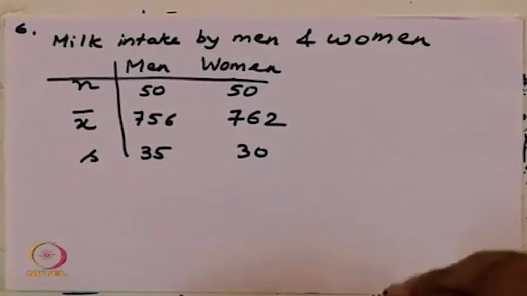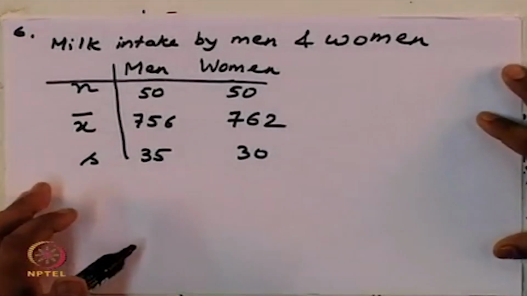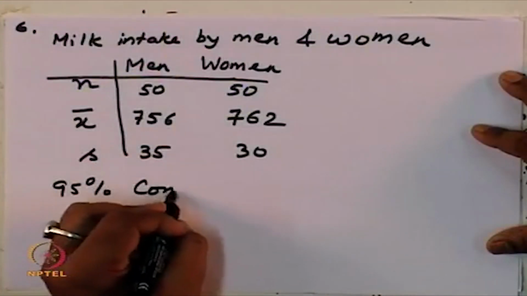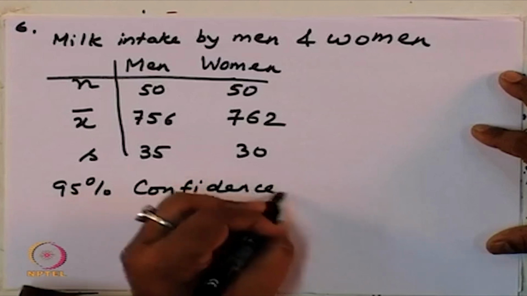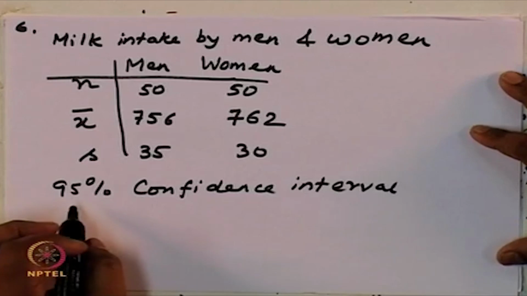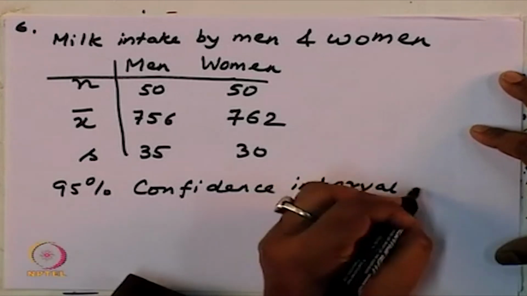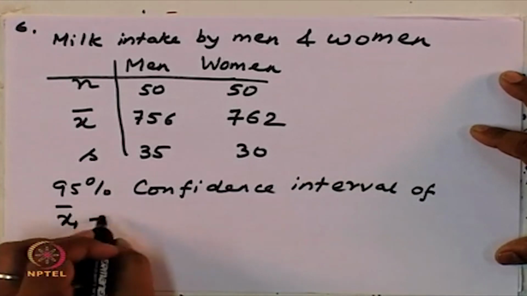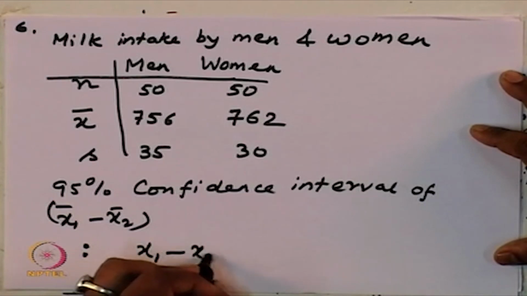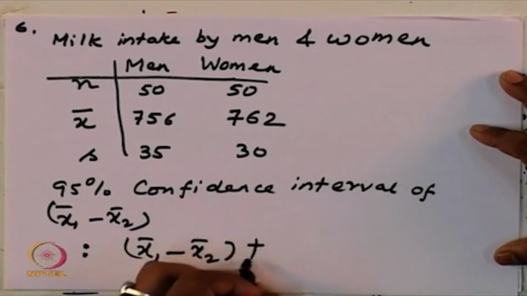You want to make a conclusion for determining whether men consume more milk than women or the other way around. So, what we can do is we can find out the 95% confidence interval for x1 bar minus x2 bar, and this confidence interval is given by x1 bar minus x2 bar plus minus.